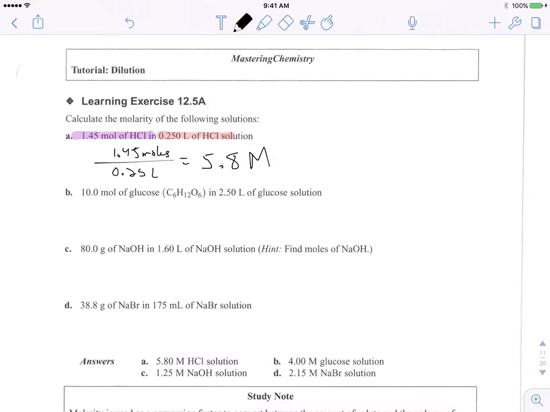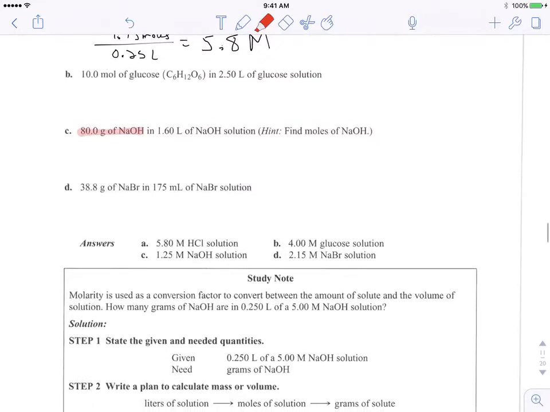So in here you're given grams: convert grams to moles, divided by liters. Here you have grams, so you're going to convert grams of NaBr to moles of NaBr, and then convert milliliters to liters, and then divide them.